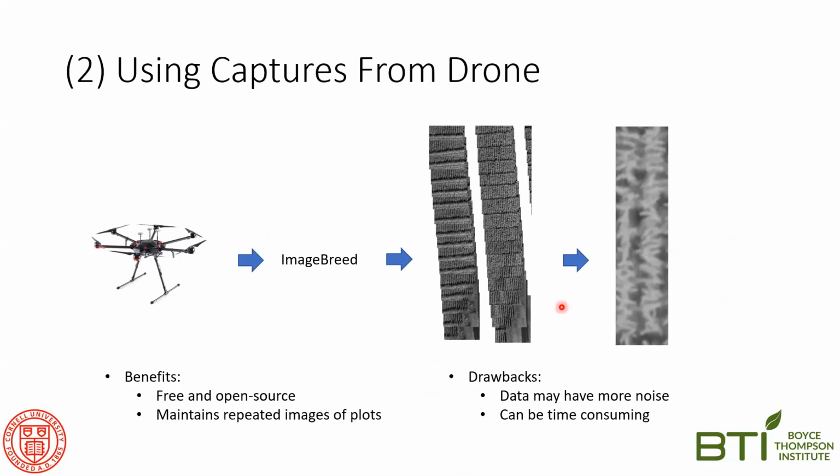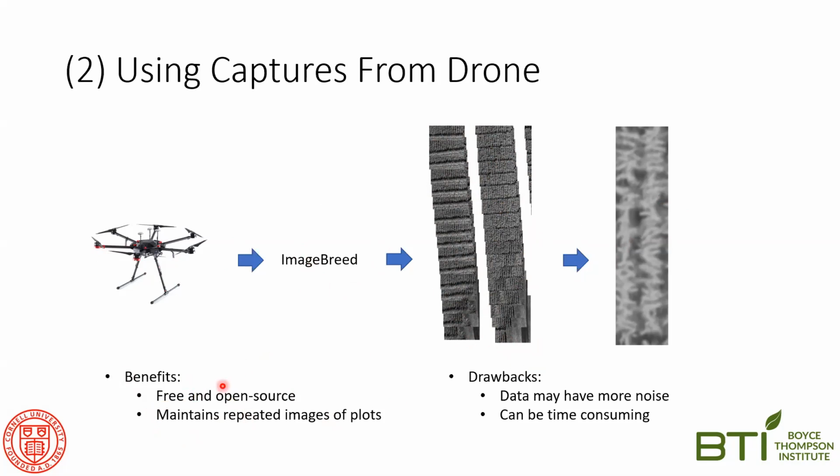The second path is to just use the images directly. From the camera to upload to ImageBreed, you have all of the captures that were taken, and then from there you can assign plot boundaries to all of the different captures.